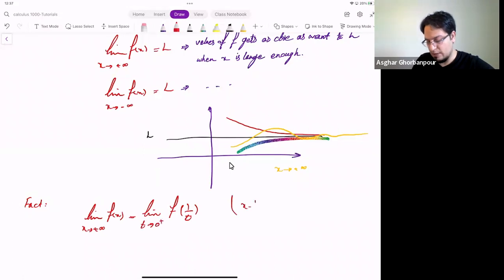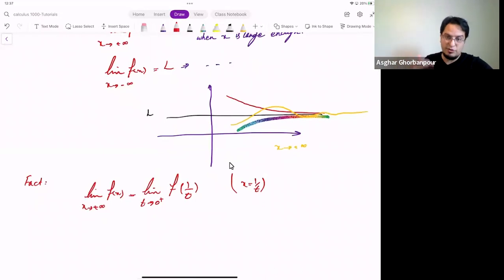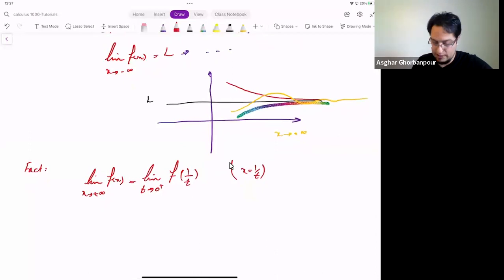So x is 1 over t, and then we find the limit as t goes to 0 from the right-hand side. That will give us the same result as the limit of the function as x goes to plus infinity.